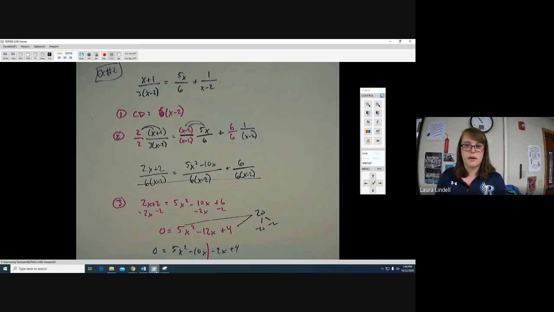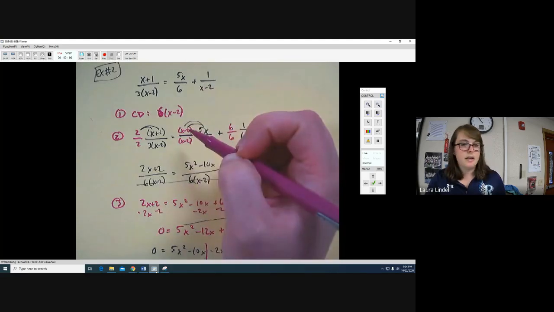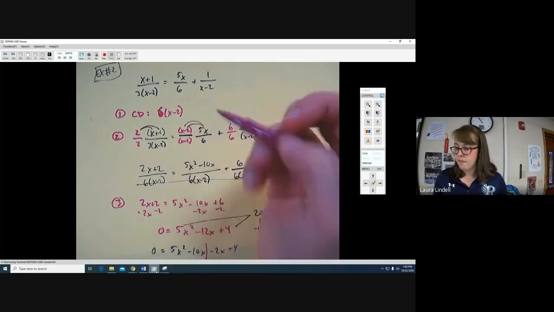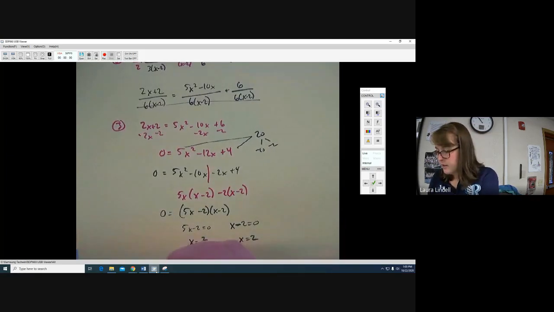Which one doesn't work? Yeah, x equals 2 will not work because notice if I plug in a 2 here, we end up with 0 in the denominator, and that's a problem. So x equals 2/5 is our only solution. X equals 2 doesn't work.